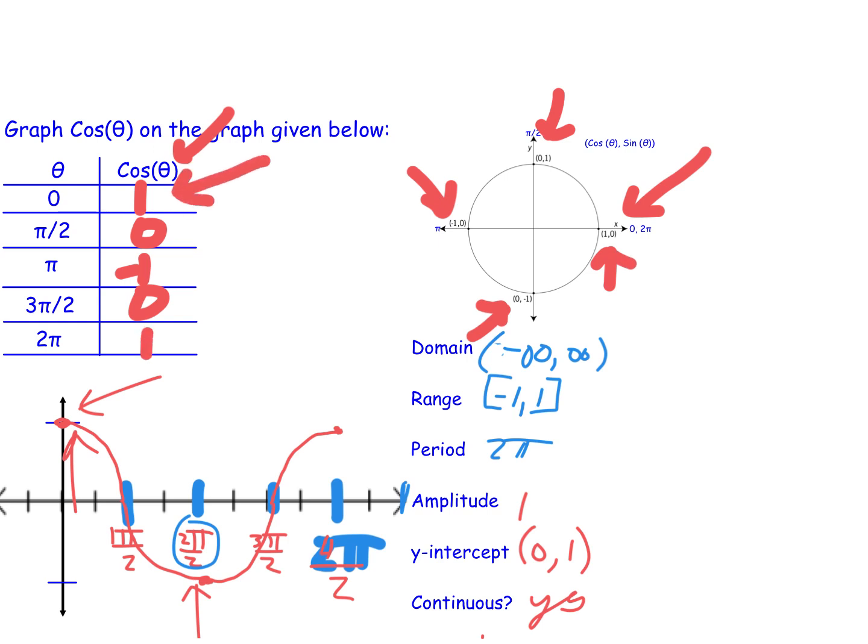And notice 0 and 2 pi are like the same place, right? 0 and 2 pi are in the same spot, so it should be the same answer right here and right here, because 0 and 2 pi are the same thing. Kind of.